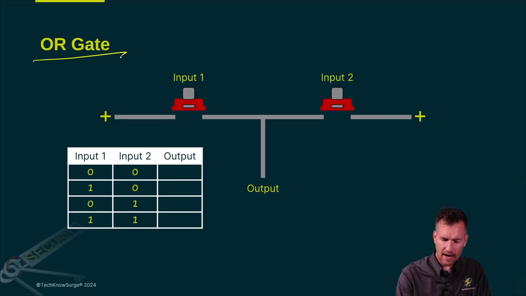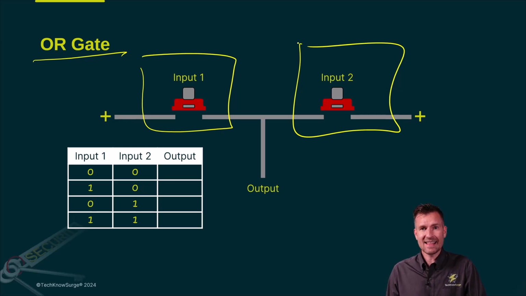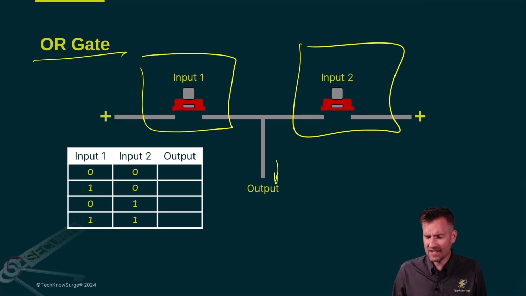As you can see here, I have 2 transistors. And what an OR gate says is that if one of the transistors or the other transistor or both transistors are turned on, the output will be 1. Otherwise, if there's no input on either of those, then the output is going to be 0. So I just gave away the answer to what we're going to be creating here, but let's go through this process.